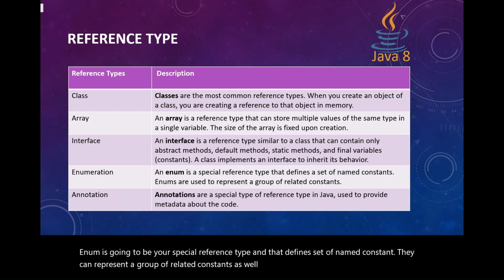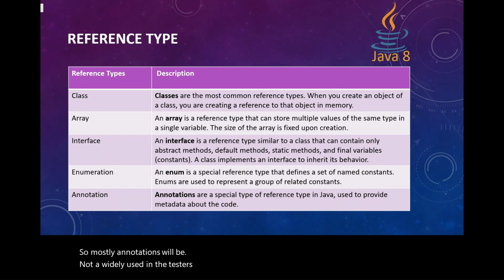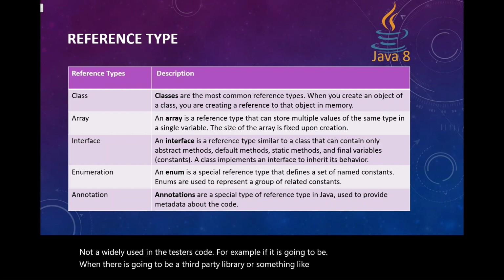And then the fifth one we have is annotation. Annotation is also a special type. It is used to provide metadata about the code. Mostly annotations are not widely used in the tester's code. For example, when there is a third party library or something like that being used, in that case, annotations will be used.